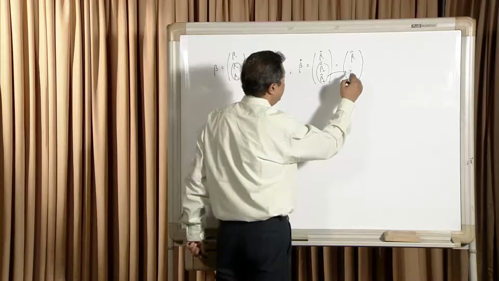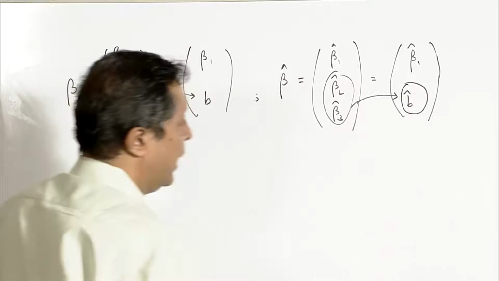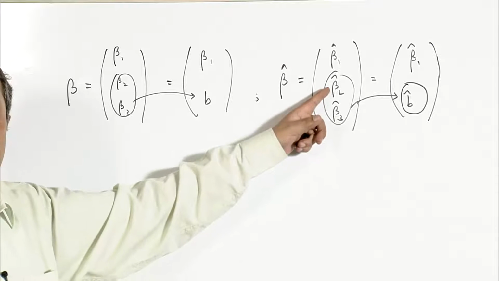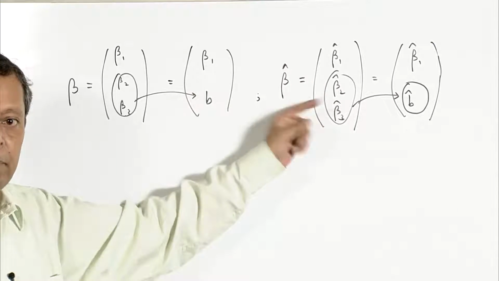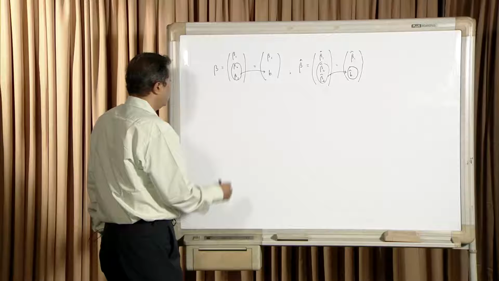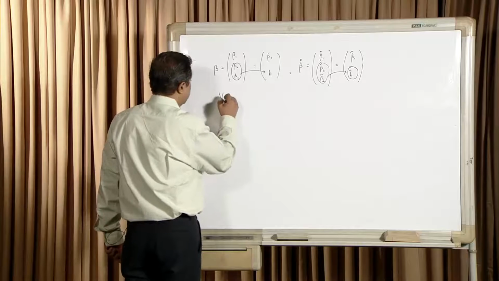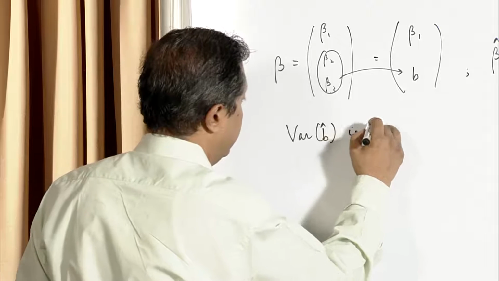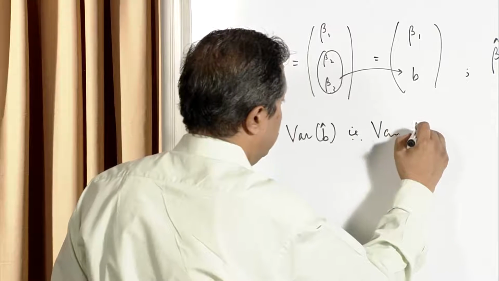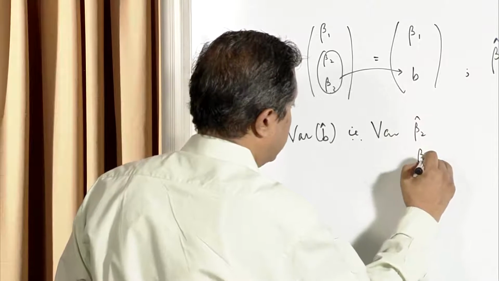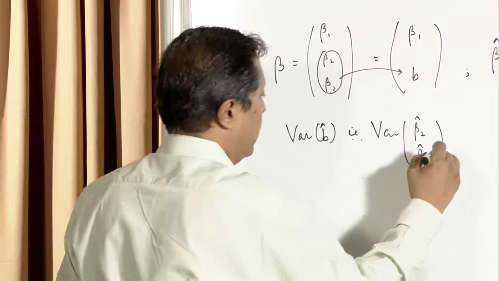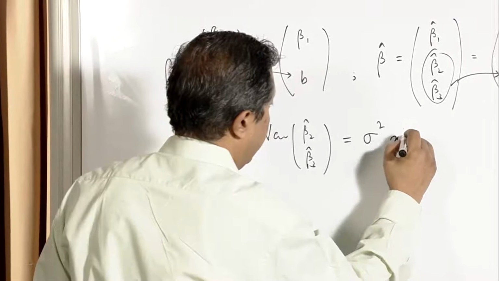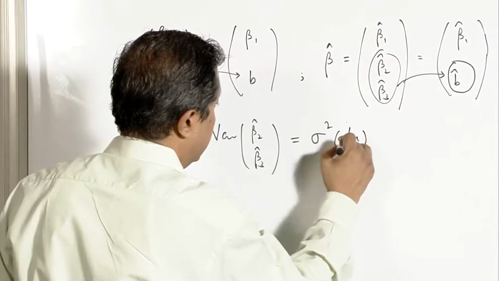We will focus on beta 2 hat and beta 3 hat, and try to find out their sampling distributions. Now, we already know that variance of b hat, that is variance of beta 2 hat, beta 3 hat, is equal to sigma square small (x prime x) inverse.